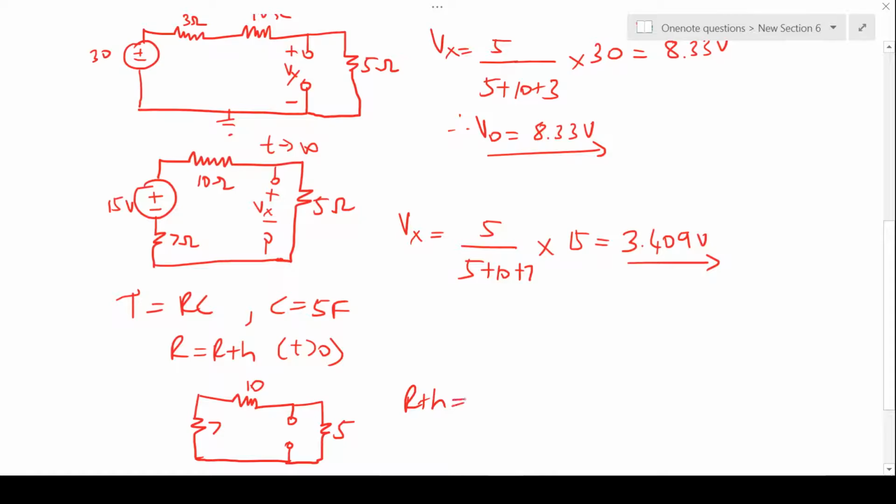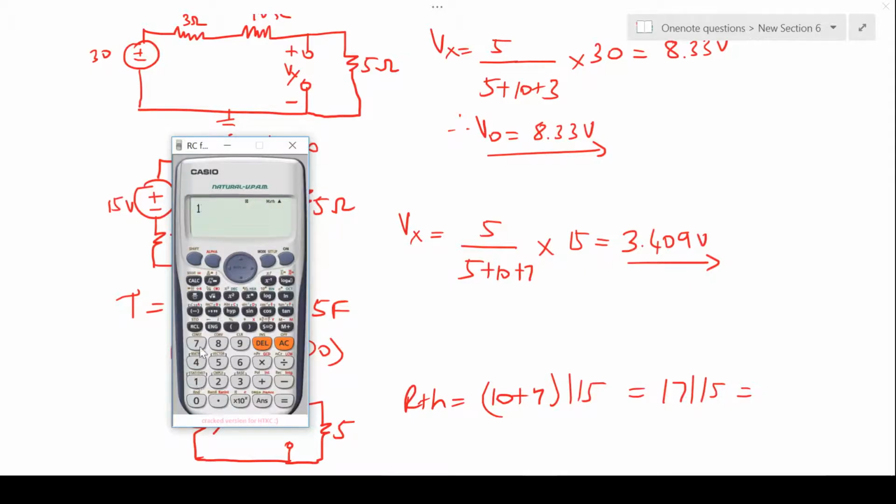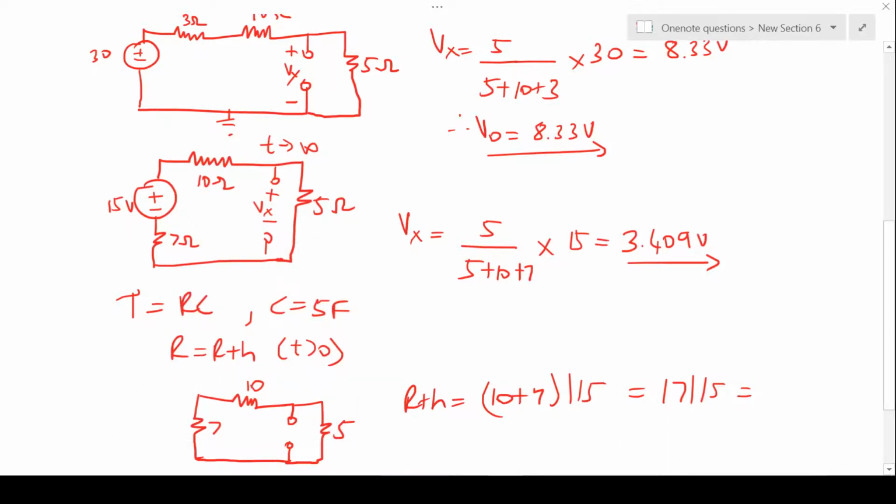So RTh must give us 10 plus 7 in parallel with 5. So that will be 17 in parallel with 5, and that should give us a final answer of 3.86 ohms. So RTh gives us 3.86 ohms.